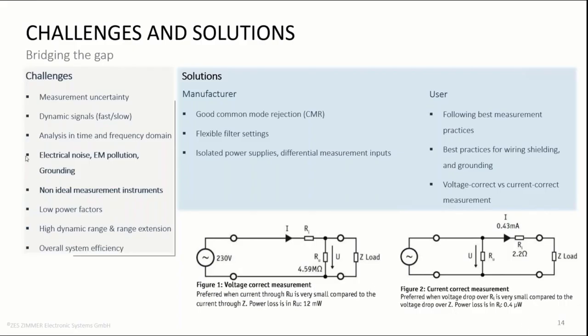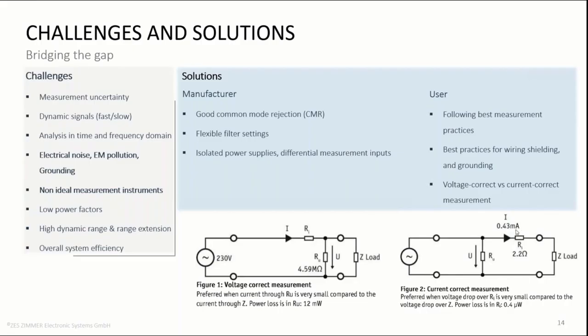If we instead use the other topology, a current correct placement, the leakage current on the voltmeter will play no effect on the measured current. The voltage measurement will be, however, affected, since the voltmeter here will see the source voltage, and not the real voltage on the load, which includes this small voltage drop on the ammeter.